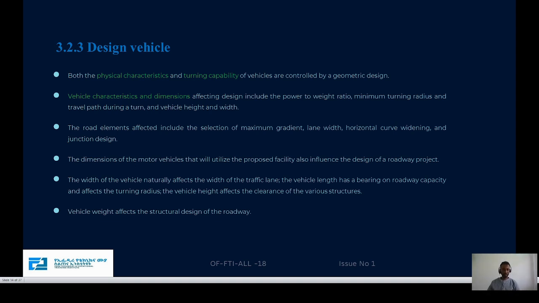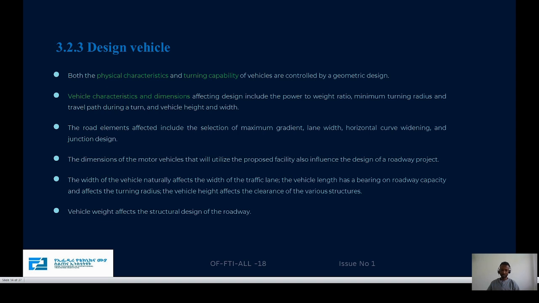And the third part is the design vehicle. Both the physical characteristics and the turning capability of the vehicles are controlled by the geometric design. The vehicle characteristics and dimensions affect the design.